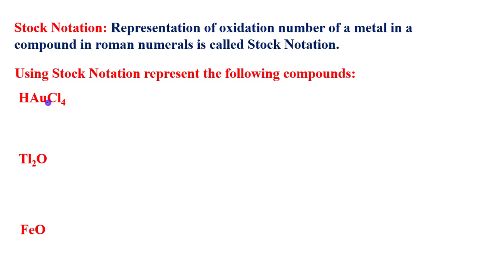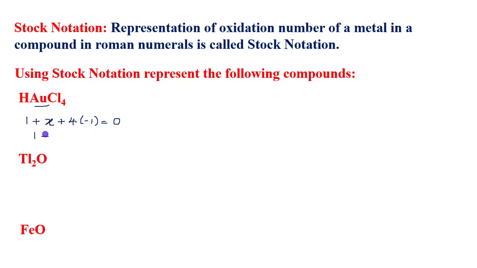Let's see how to write the stock notation for this. First you have to calculate its oxidation number. So you take the gold as X, right? Hydrogen always has oxidation number +1, plus gold, which we take as X, plus 4 chlorides, each with charge -1, equal to 0.